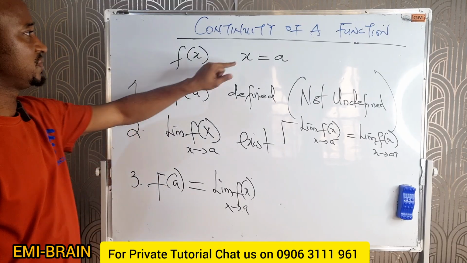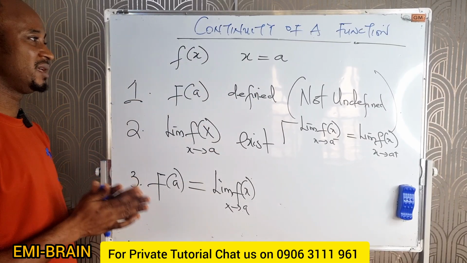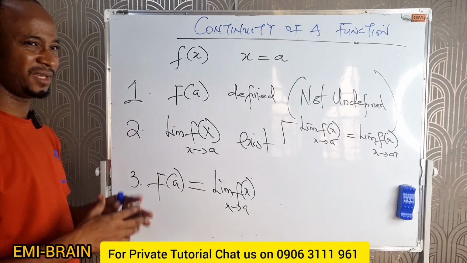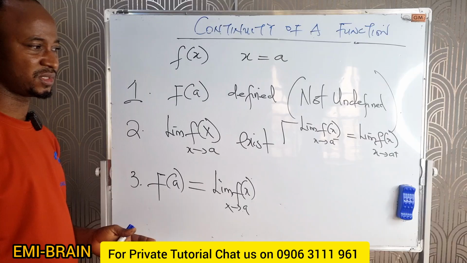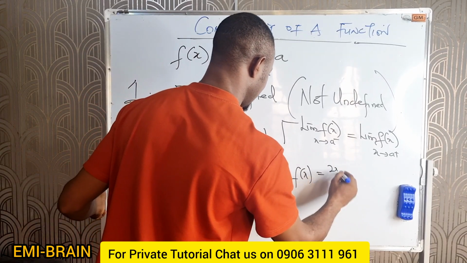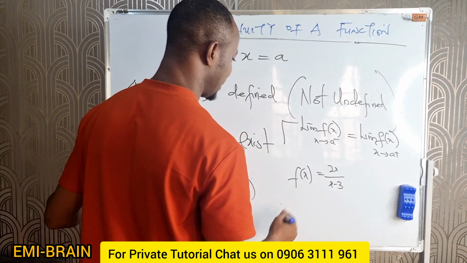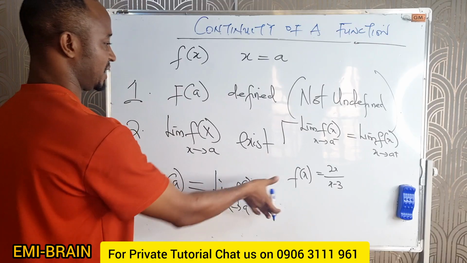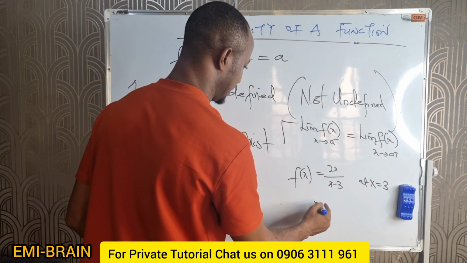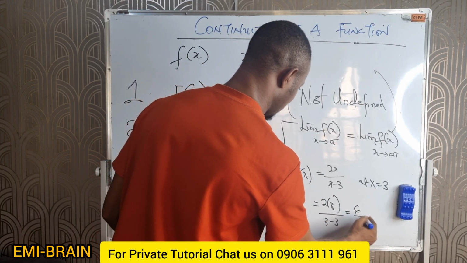For a function to be continuous at x equals a, f of a must be defined. If f of a is not defined, it means the function is not continuous. If the first condition fails, the function is not continuous. For example, if f of x equals 2x divided by x minus 3, and we are asked to find the continuity of f of x at x equals 3, by the time we put the value of x as 3, that gives us 2 times 3 divided by 3 minus 3, which is 6 over 0.